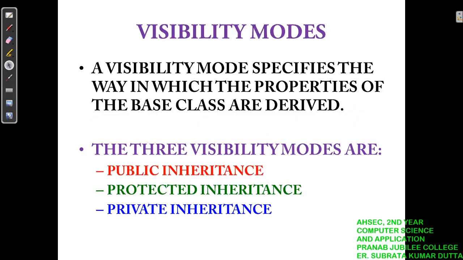A visibility mode specifies the way in which properties of the base class are derived. It is kind of the same as access specifiers, right? By access specifier we can control how the data members or the member functions of a class can be accessed or used in the program.